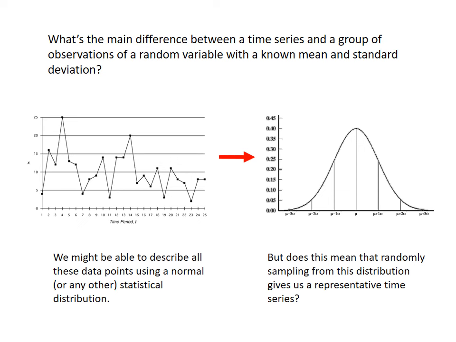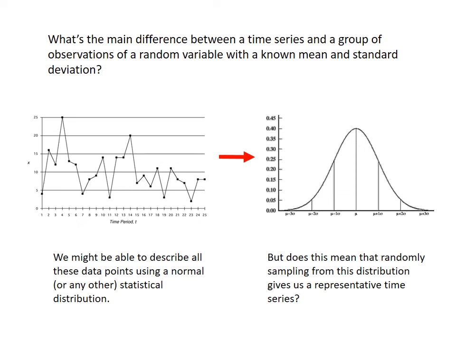So on the left-hand side, we have a time series, right? And on the right-hand side, we have a distribution. And it's possible that we could put all those data points from the left-hand time series into a pile, and we could fit, through maximum likelihood estimation, a probability distribution to all those data points.